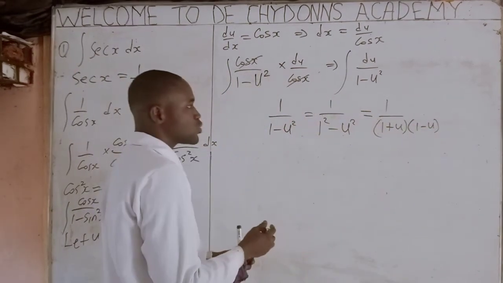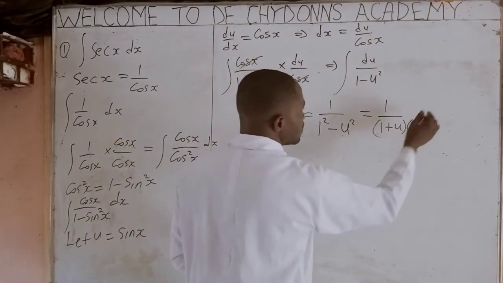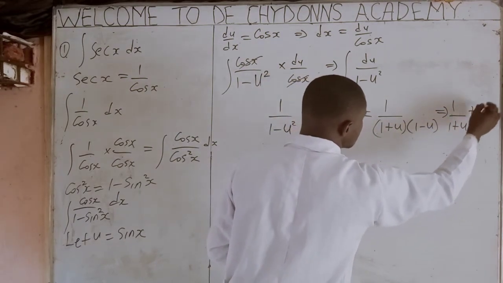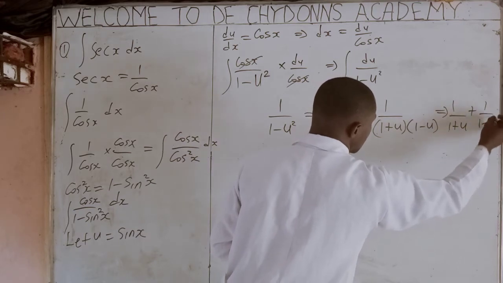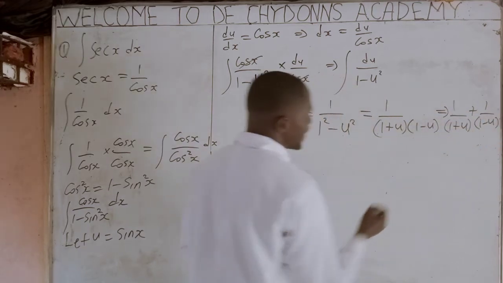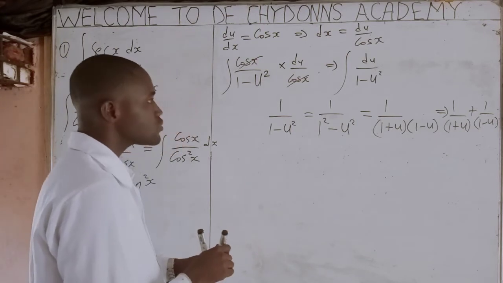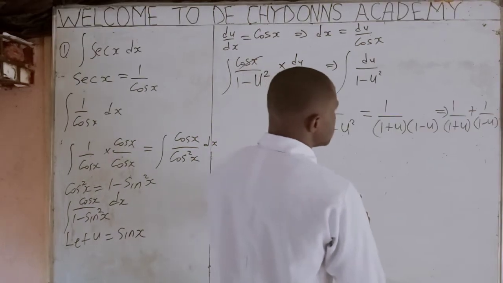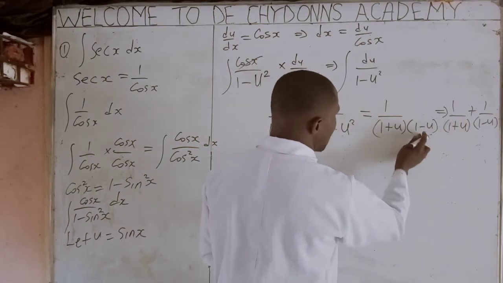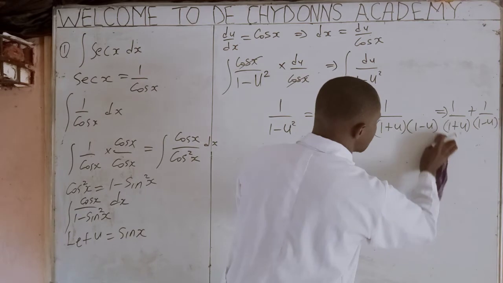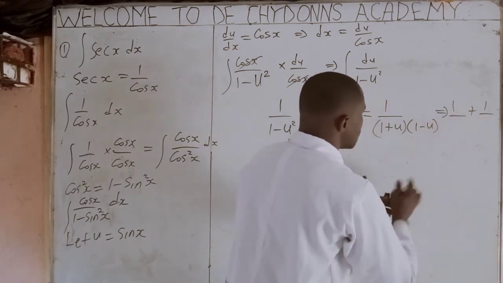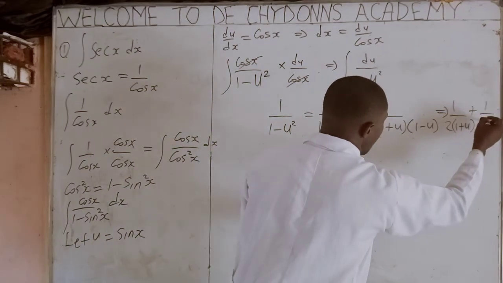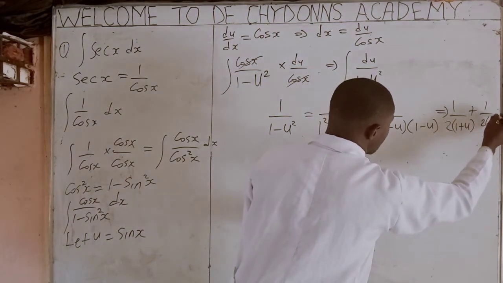Now this thing you are seeing also simply means 1 over 1 plus u plus 1 over 1 minus u, if you check it out very well. So this will be giving you 1 over 2 (1 plus u) plus 1 over 2 (1 minus u).